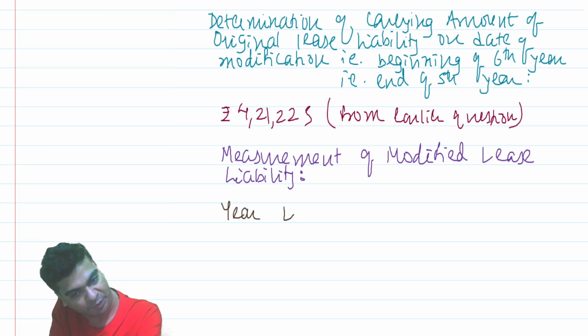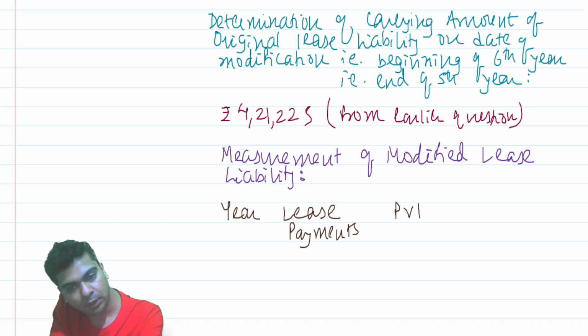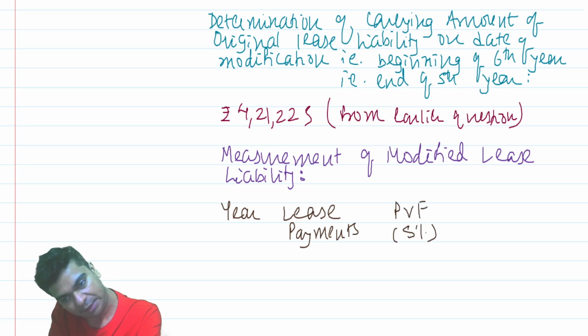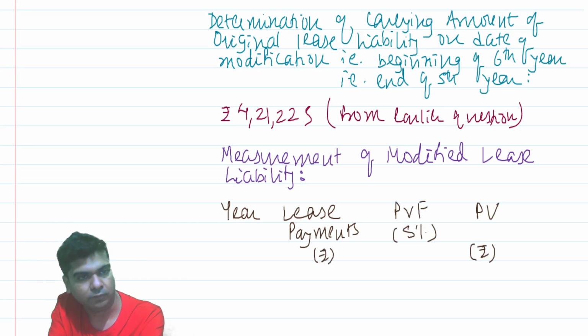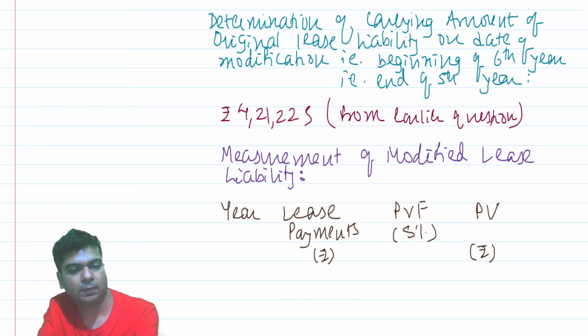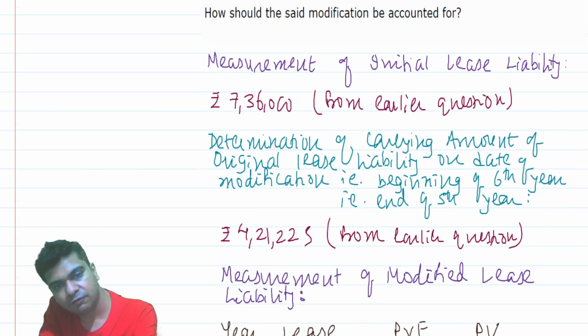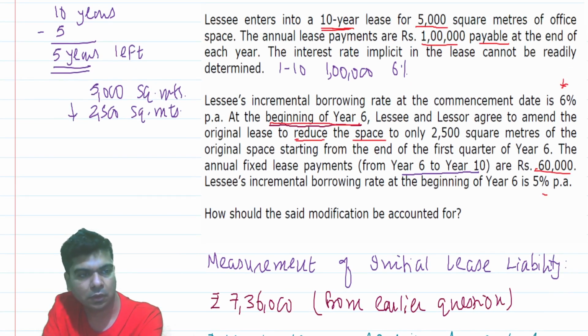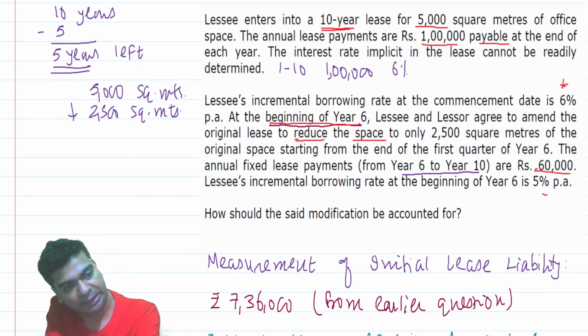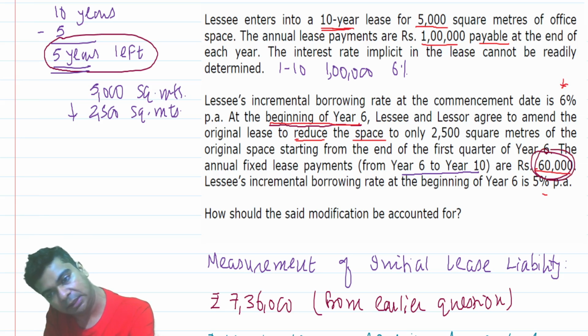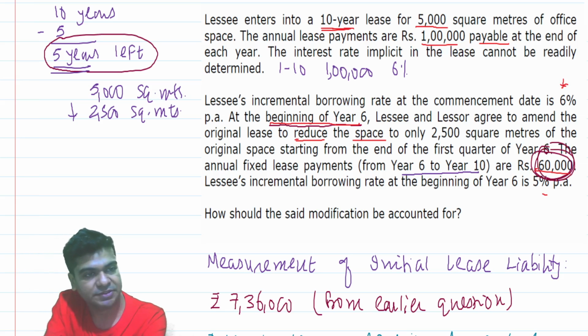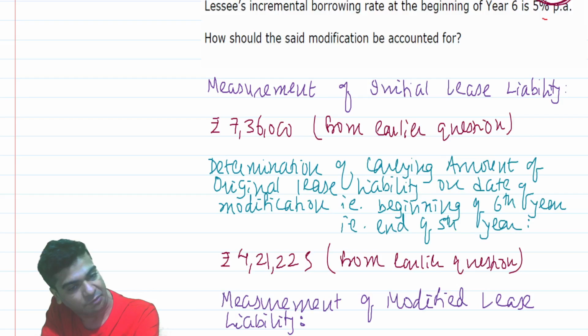This we will not get from the earlier question. We will have to calculate it. Discount rate has changed to 5% now. You check with the question. 5 years are left, and during these 5 years we will be paying lease rent of 60,000. Yes, we'll use that information.